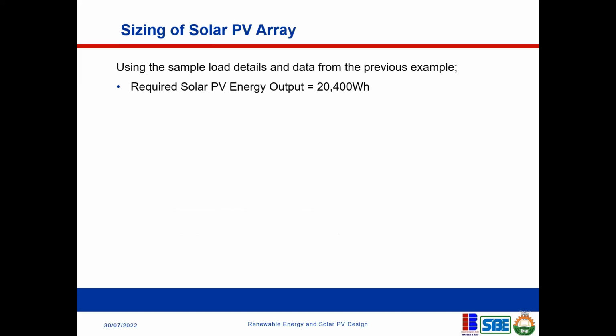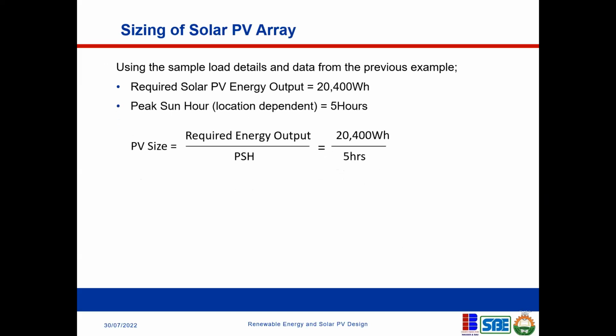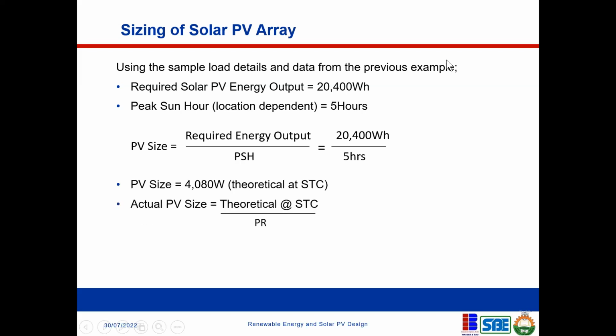So the PV needs to produce 20,400 watt-hours, and we have divided by the peak sun hours to have 4,080 watts. Like I said, it's at standard test condition. Assume that the sun comes out and it's hitting 1,000 watts per meter square at 25 degrees centigrade. Those are the standard test conditions. But we need to get the actual PV size.